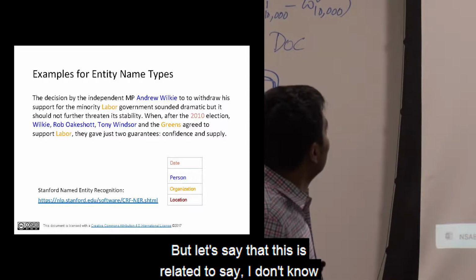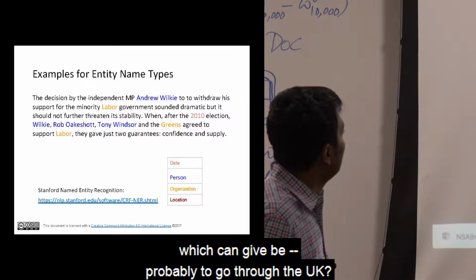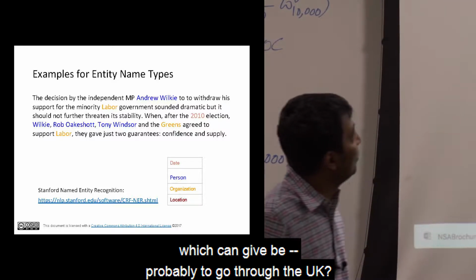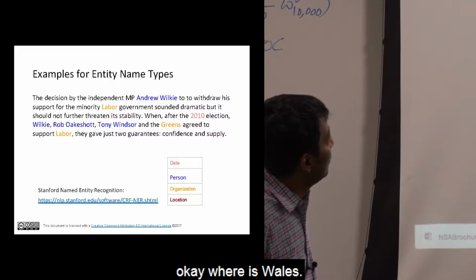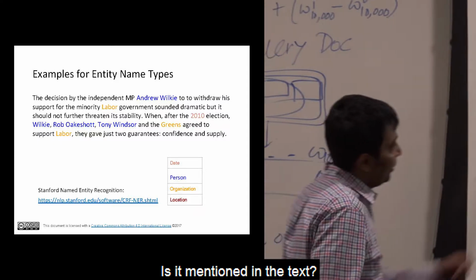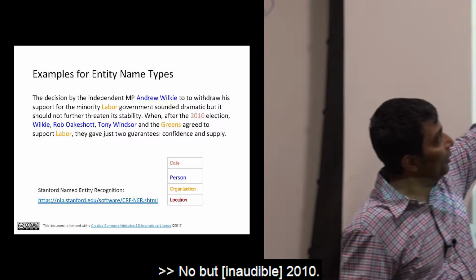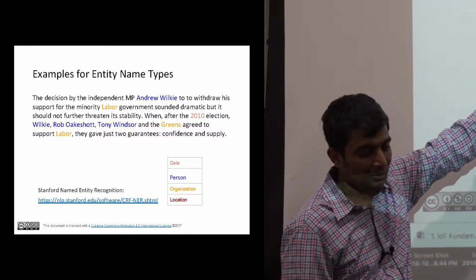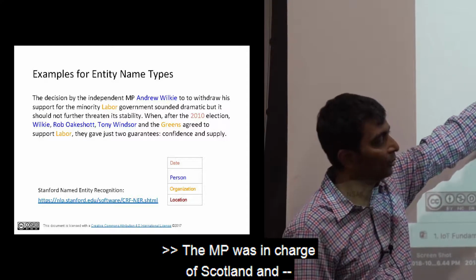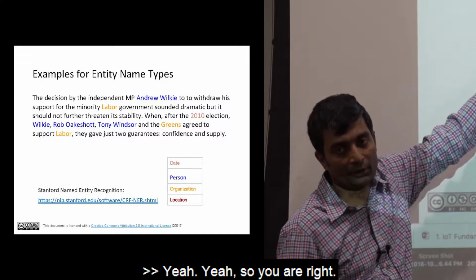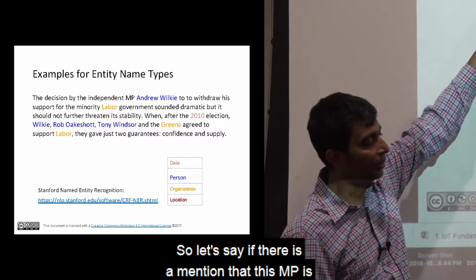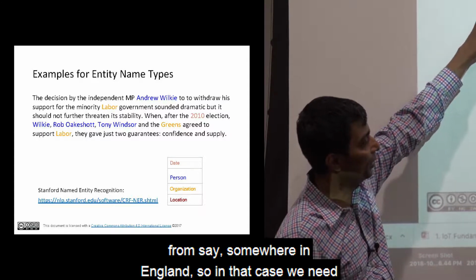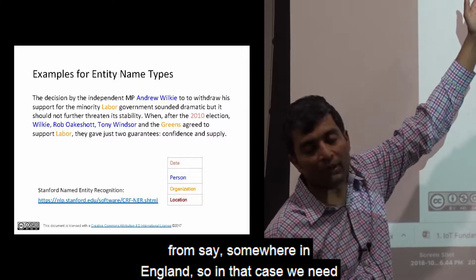Where is Wales mentioned in the text? No, but the name and the fact that it was already covered in 2010. Oh, okay. Because the SNP was in charge in Scotland. Sure. So you're right. Let's say if there is a mention that this MP is from somewhere in England, then we need to identify that location. Or there is also a possibility that this incident took place at a certain area, but it was reported from a different location.